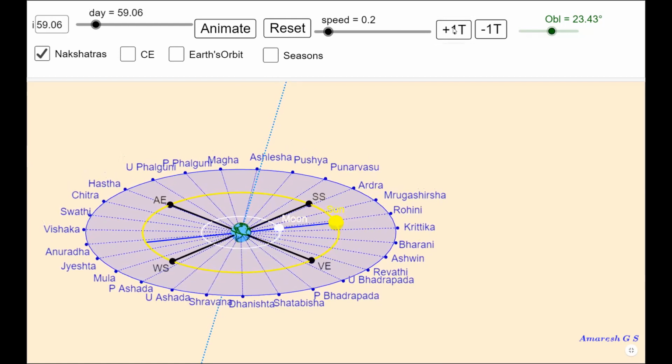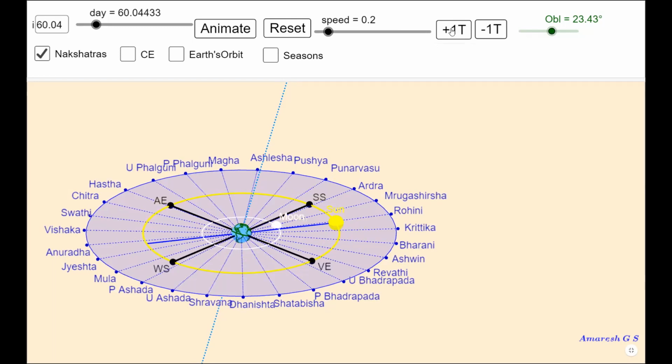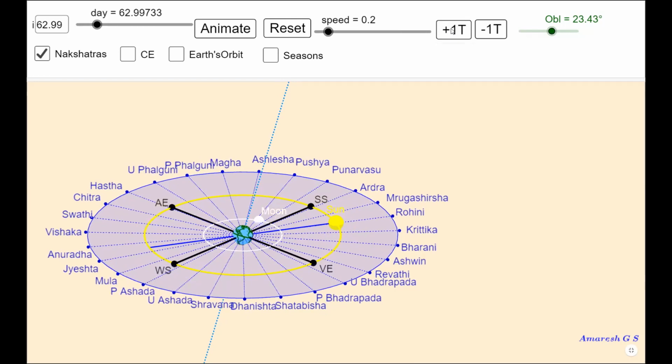Okay. Notice the sun has moved further through some distance. If we want to know the nakshatra of the sun and the moon on this Amavasya day, again, it is somewhere around Kritika or at Rohini or somewhere between Kritika and Rohini. Okay, let's do one more. So we continue with the next lunar month.